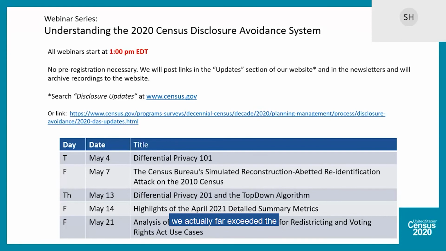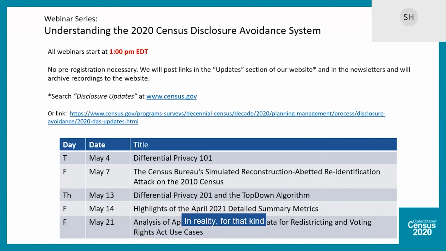Now, in reality, we actually far exceeded the targets that we set. As I said, we were looking for 5 percentage points in the proportion of the largest group, at least 95% of the time, for on-spine and off-spine entities that had populations of between 500 and 549 people, so very, very small voting district size entities.